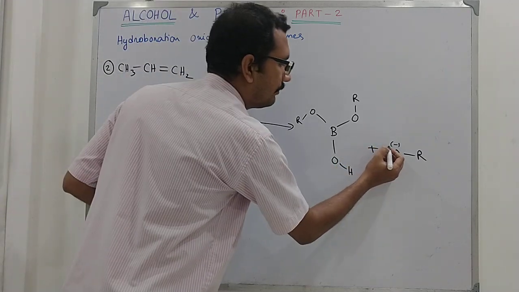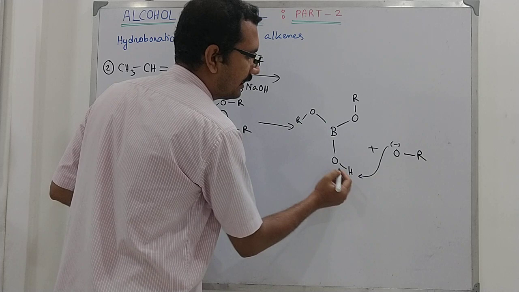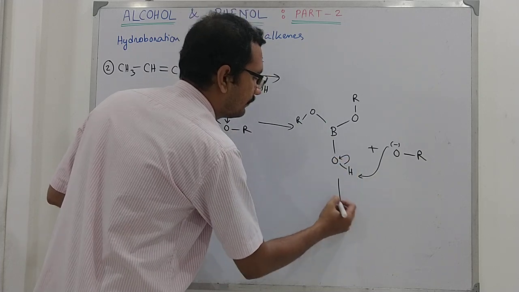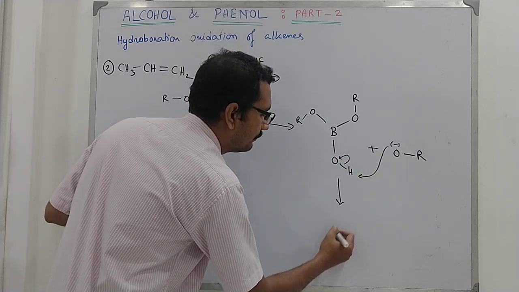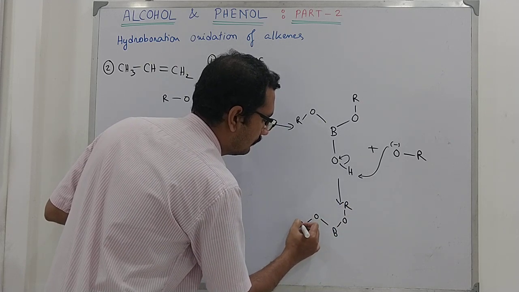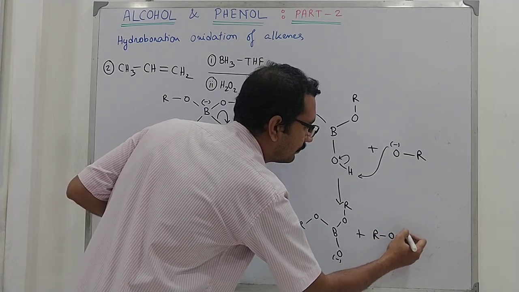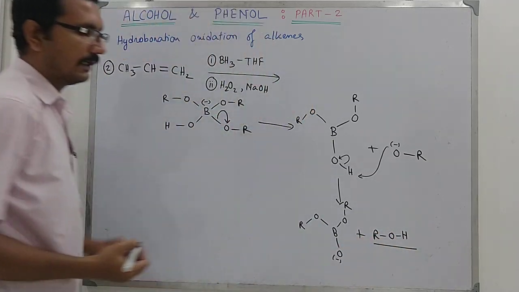Now this alkoxide ion will deprotonate this molecule, and we will have one alcohol molecule. In this way alcohol is synthesized.